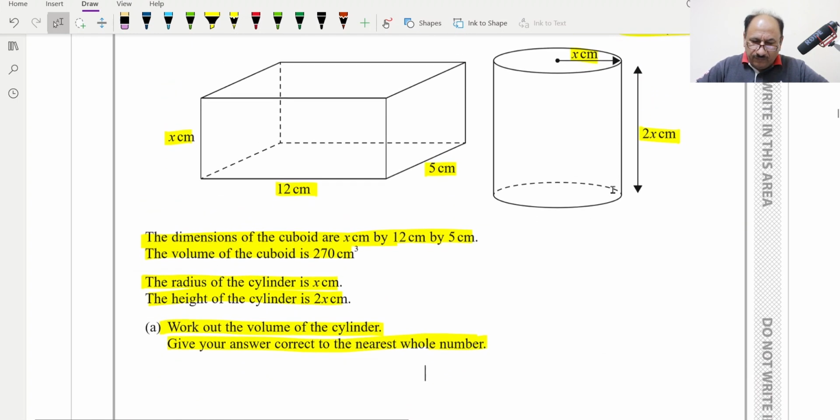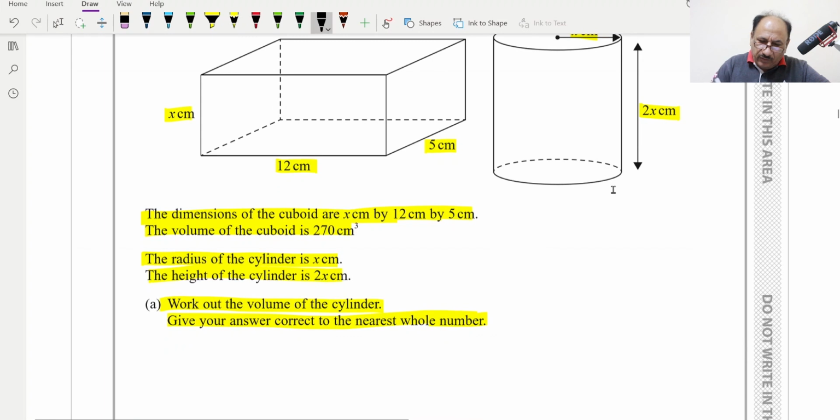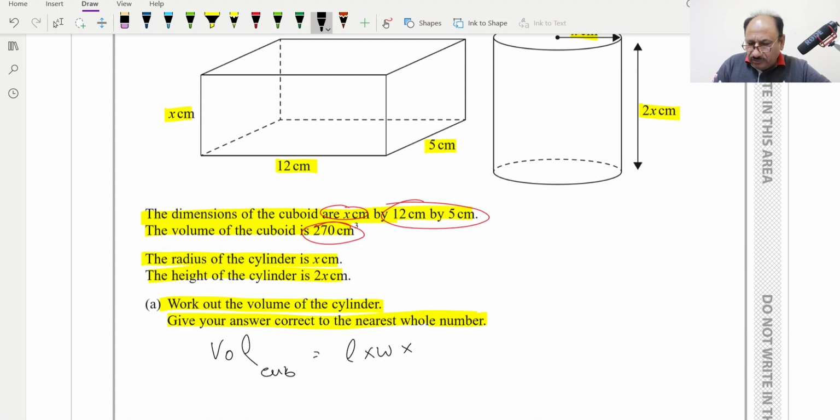So this is our question. First of all, the first information which is provided is the volume, and 2 dimensions are provided, and x. So we'll find x by using this. We will write volume of cuboid is equal to length into width into height, which is equal to 12 into 5 into x, and this is equal to 270.